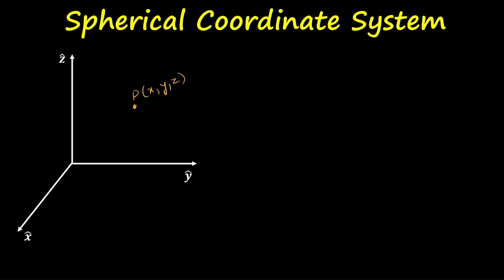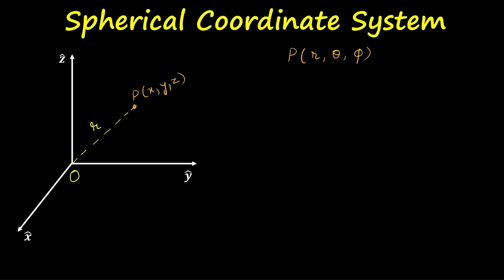In spherical coordinate system, the same point will be defined by r, theta, and phi. So let us try to understand what is r, what is theta, and what is phi. Suppose I assume the origin of the Cartesian coordinate system as O, then this distance OP is what we call R.